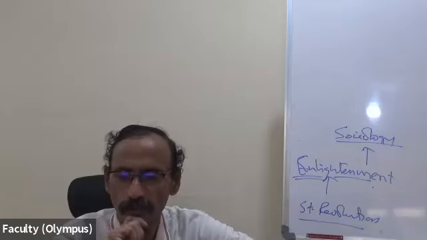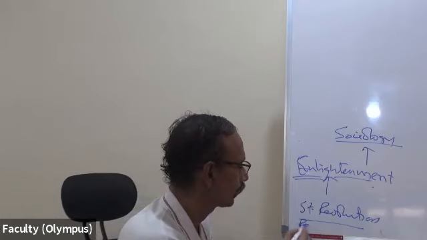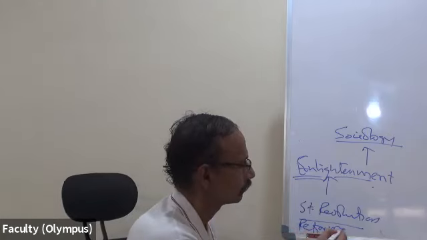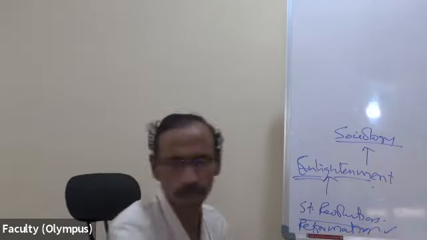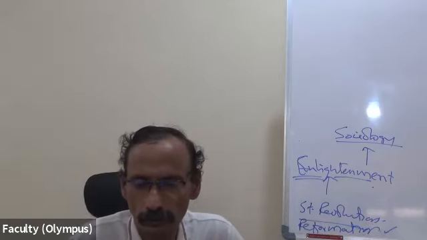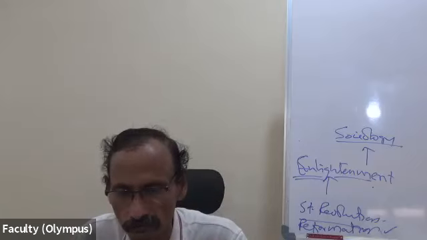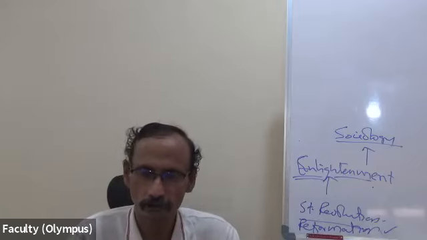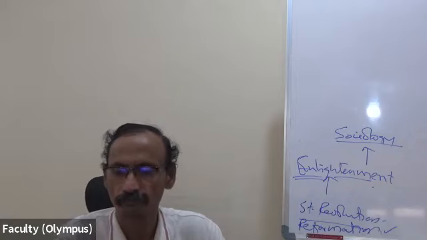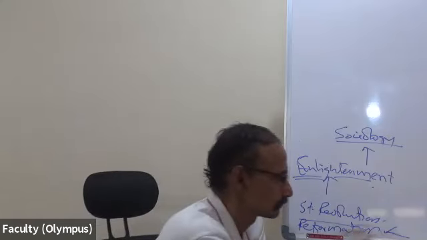Okay. Next you have, in fact, even before scientific revolution, you have Reformation. Reformation we did. What Martin Luther did was Reformation. Reformation within Christianity, which led to Protestant movement. Protestantism, Calvinism, all that was questioning religion.